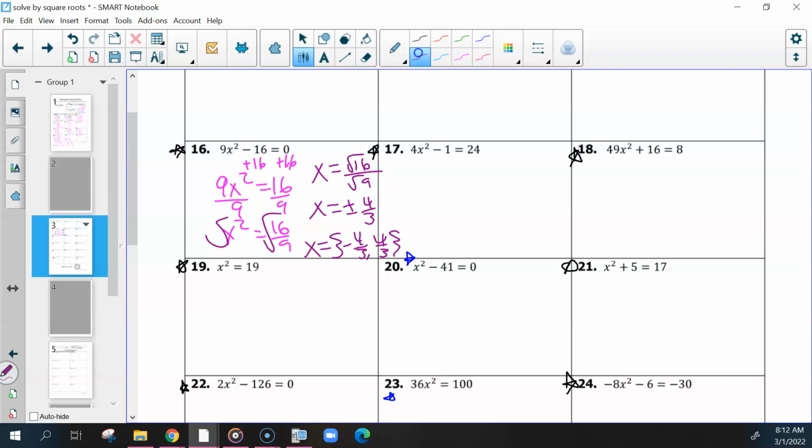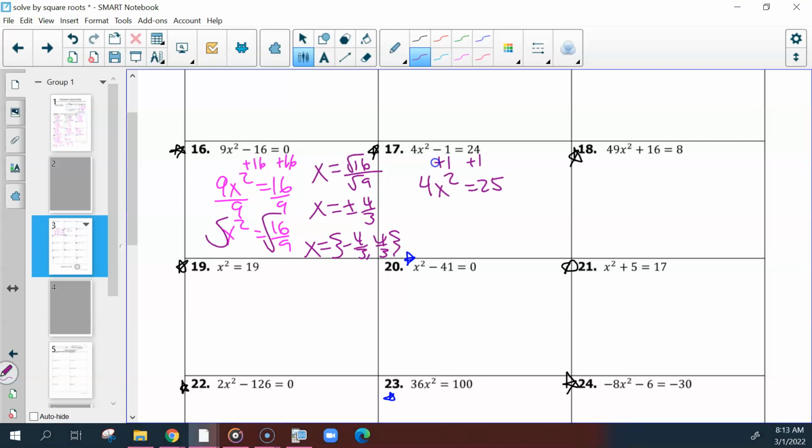Let's do the same thing for 17. So we would add 1 to both sides. Oh, 17 wasn't. Oh, yeah, it was. x squared equals 25.